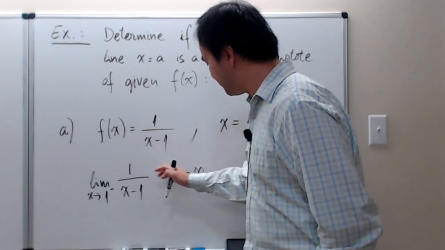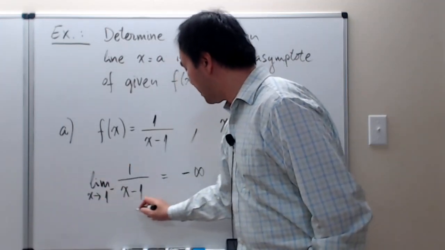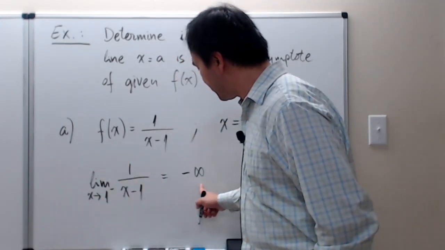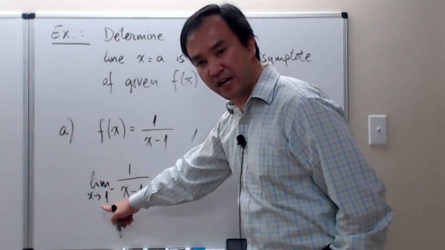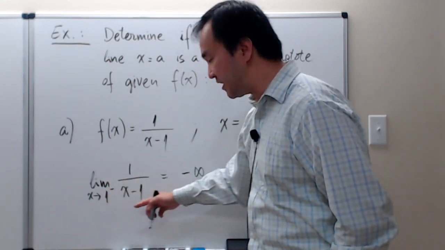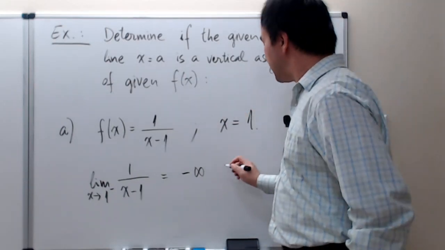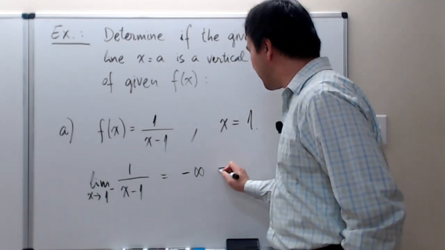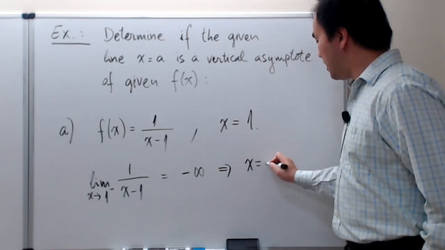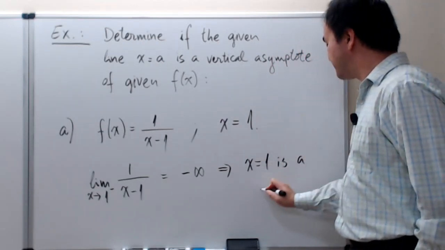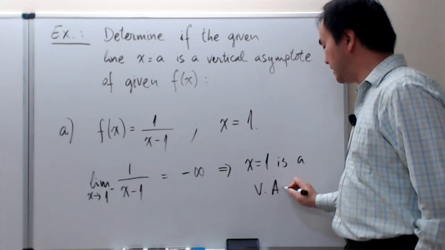Now, this answer right here falls into one of the 6 categories for defining our line as a vertical asymptote. And so in this case, we're making our final conclusion that x equals 1 is a vertical asymptote.